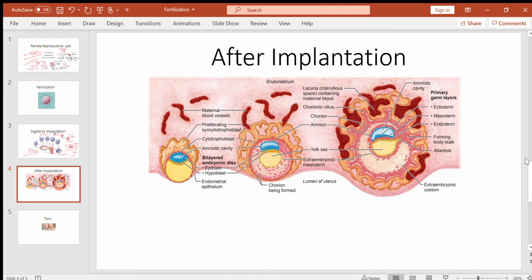So let me draw the wall of the uterus, endometrium, and this is the blastocyst, okay, blastocyst, and these are the cytotrophoblasts, the cells, cytotrophoblasts form the shell of the blastocyst, and let me draw with a different color.